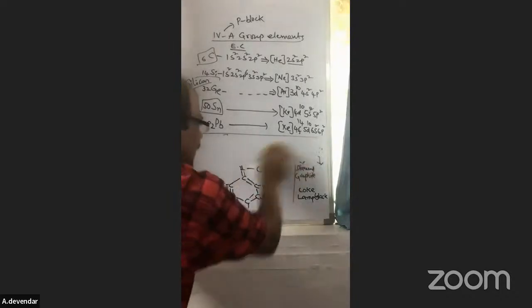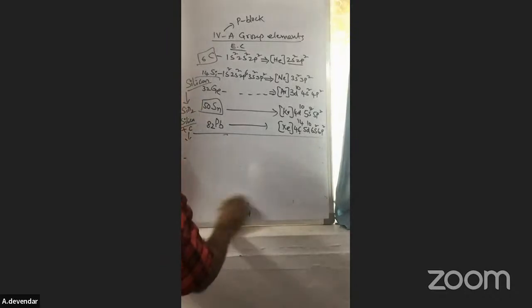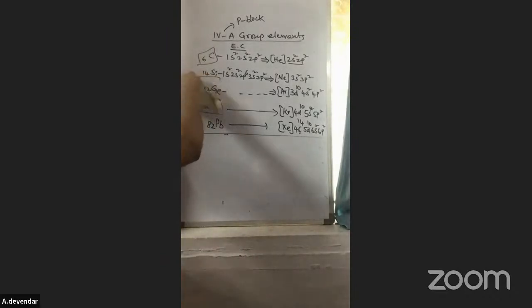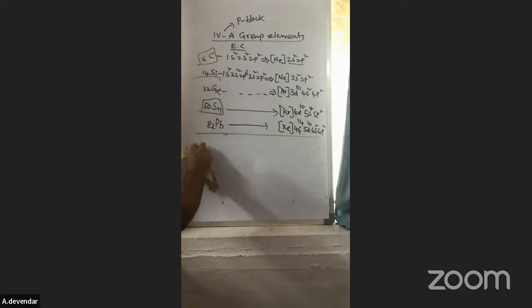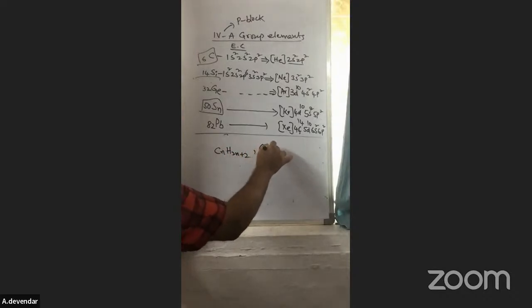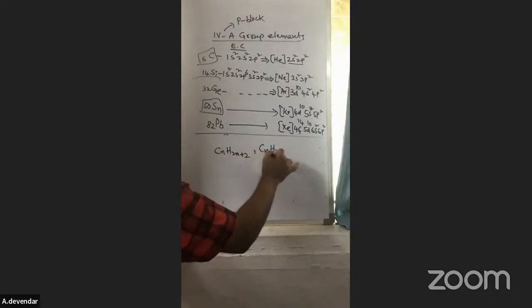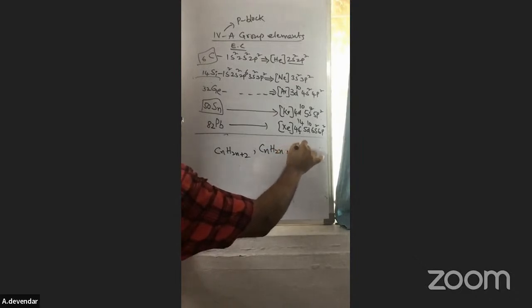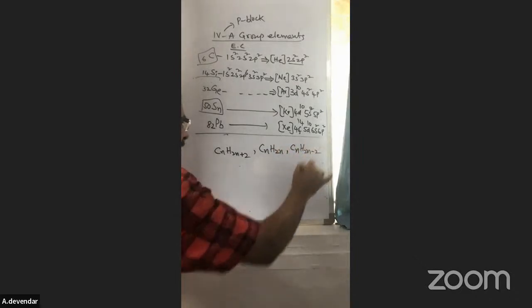Now coming to the hydrides. Carbon hydrides are familiar to you. They are called hydrocarbons. The hydrocarbons are CnH2n+2 alkanes, CnH2n alkenes, and CnH2n-2 alkynes.